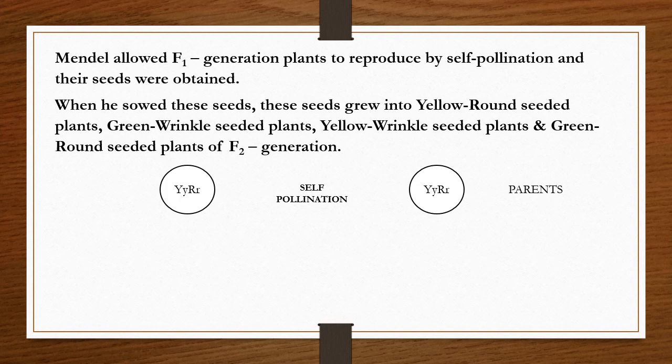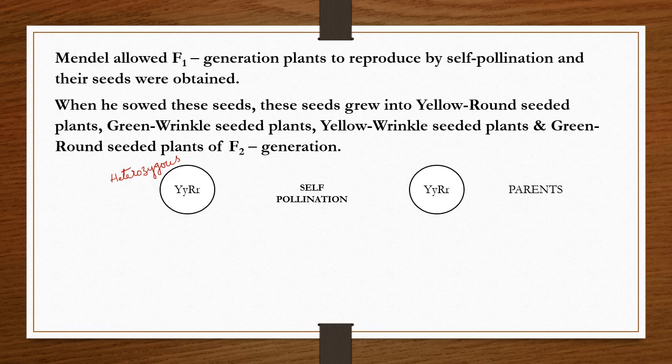The F1 plants are heterozygous, that is capital Y small y, capital R small r. All F1 individuals are heterozygous.